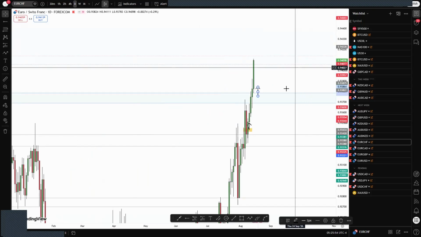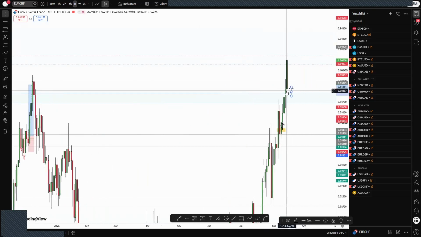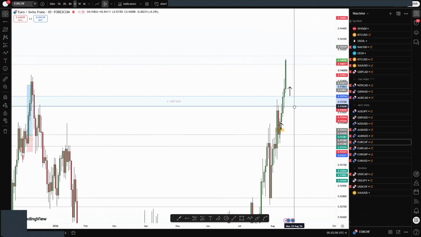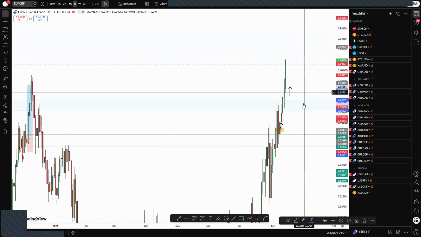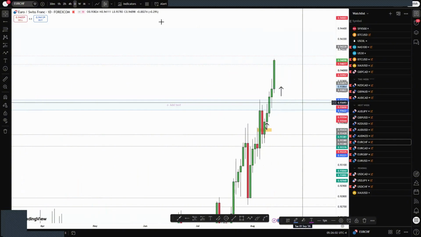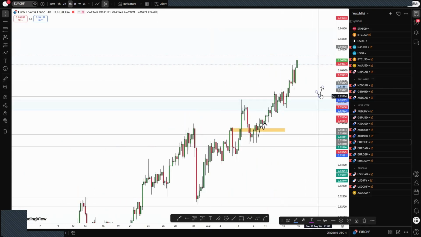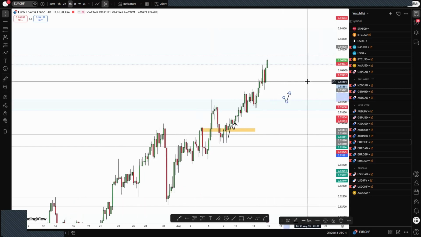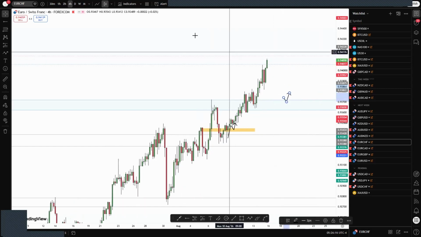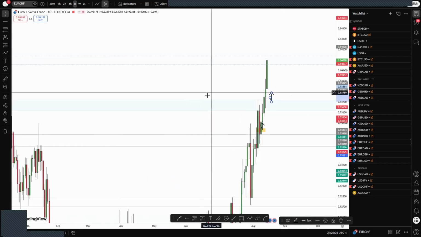And if possible, price can even retest all the way back here. You never know. You really never know. Okay? And then we take a buy here, and put our stop right above wherever price will start retesting from.